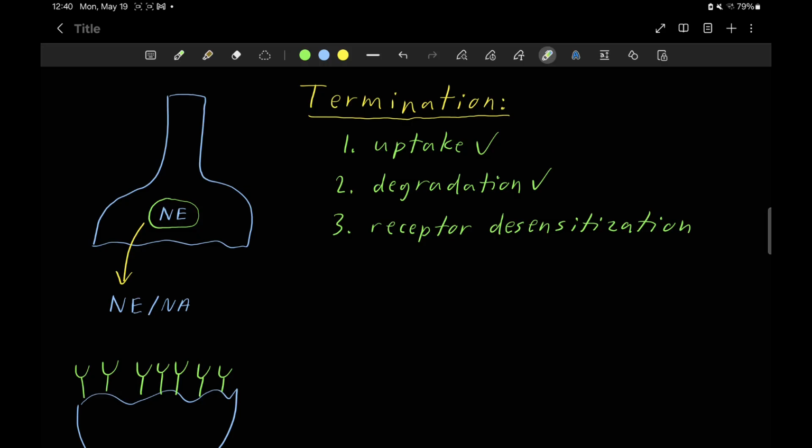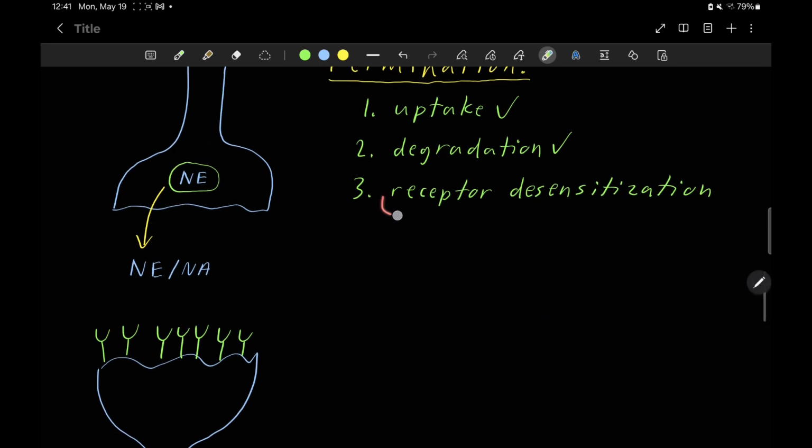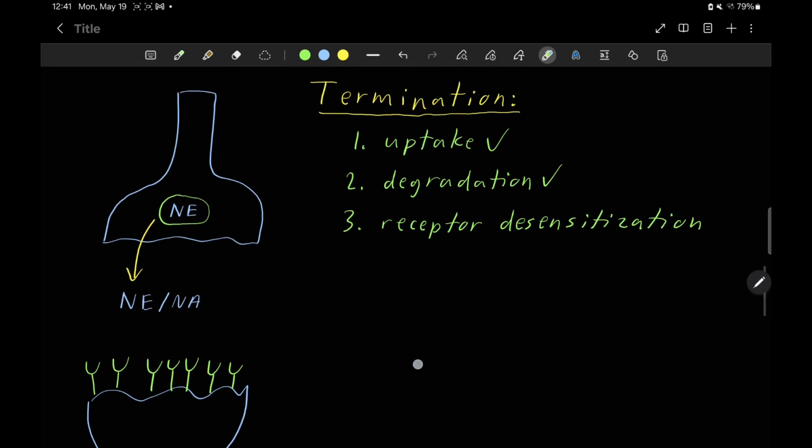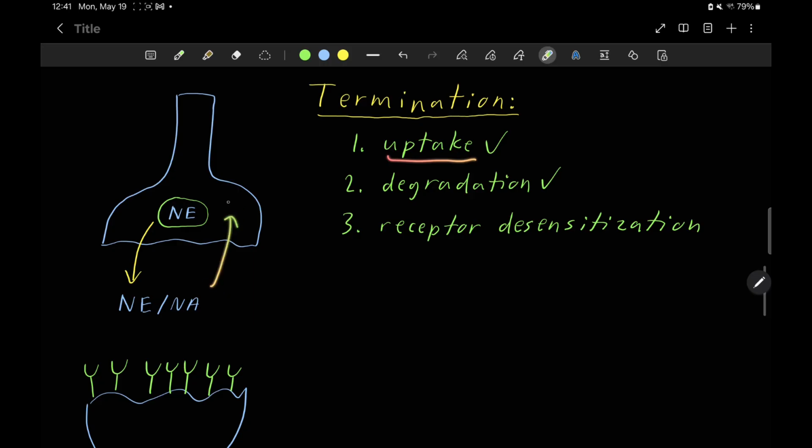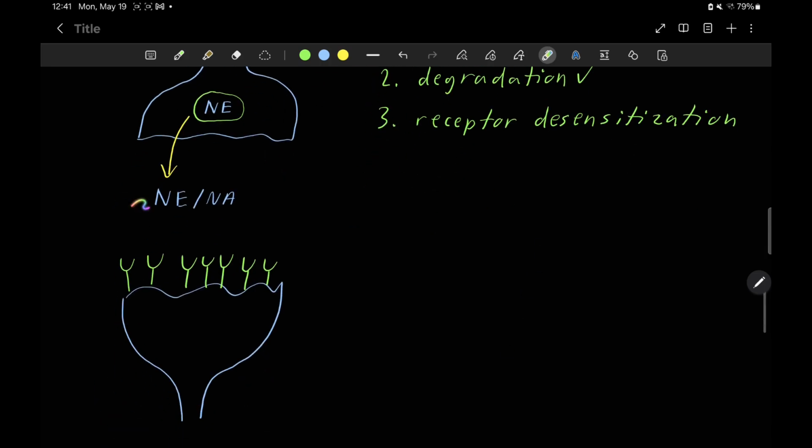So again, I really recommend watching that video first, but just to go over it briefly, receptor desensitization is a bit different from your first two termination mechanisms, whereas uptake and degradation of messenger molecules both act on your messenger molecule. But receptor desensitization doesn't do anything to your messenger molecule. It instead acts on the receptors to which your messenger molecule goes and binds. It inactivates these receptors to keep responses under control.